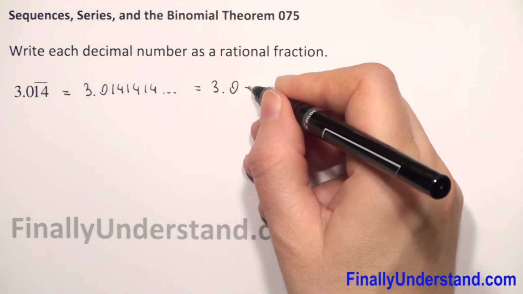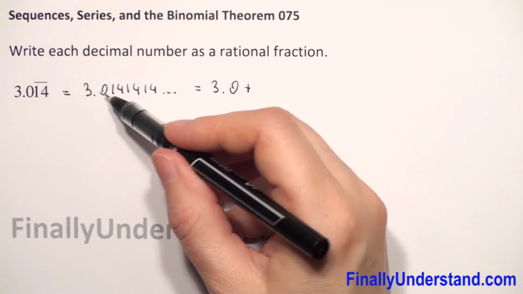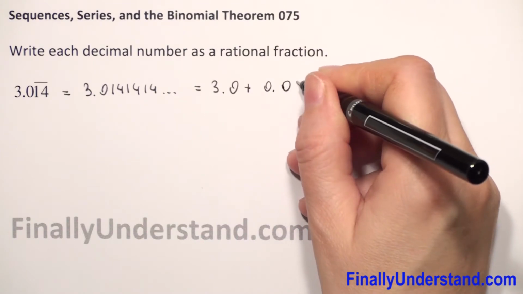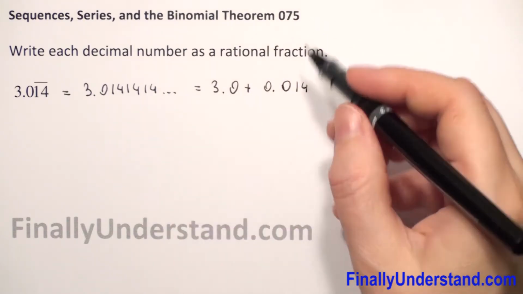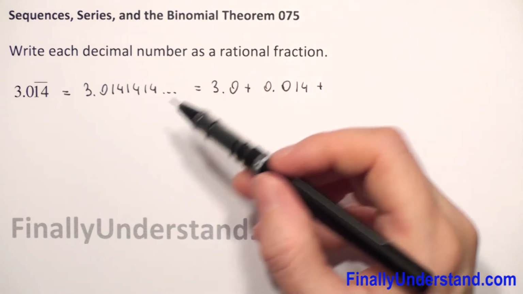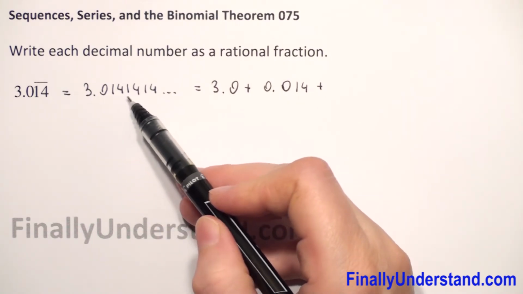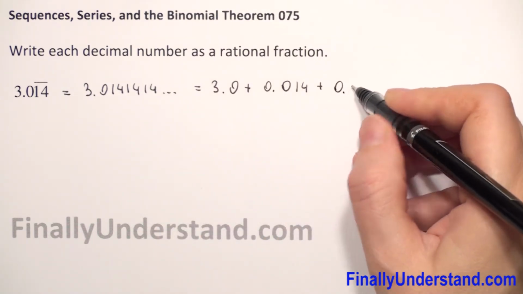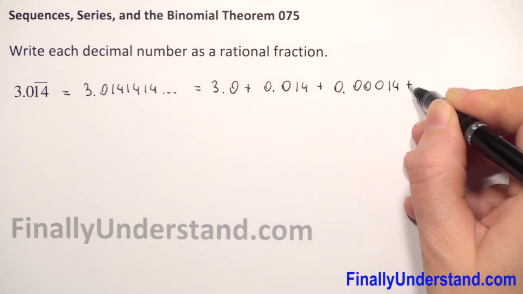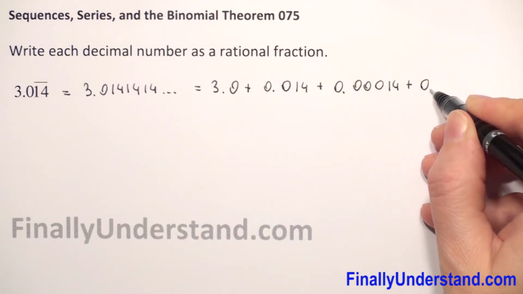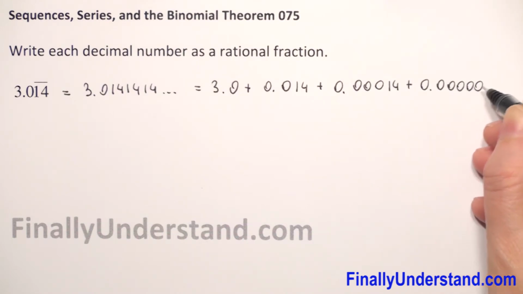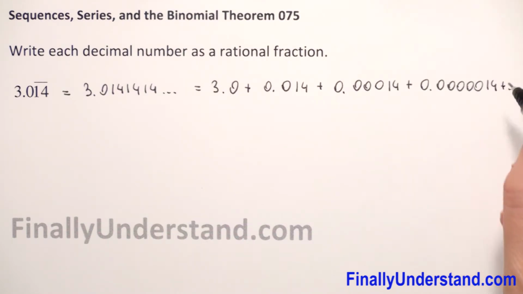So we can now rewrite this number as 3.0 plus, we have 3 and 0, so now we will have 0.0 and we will have 14 because 14 repeats, so we take these two digits together, plus 0.00014 plus, and now it will be 0.0000014 and so on.